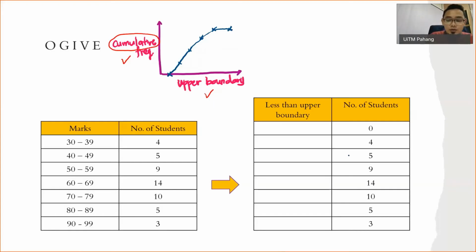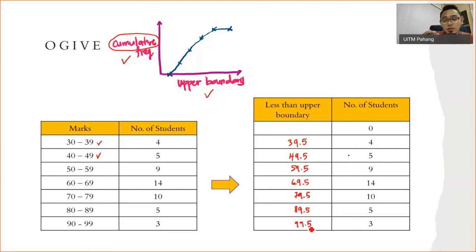We want to write the upper boundary. So the upper boundary for the first one would be 39.5, then 49.5, 59.5, 69.5, 79.5, 89.5, and 99.5. These are the upper boundaries.